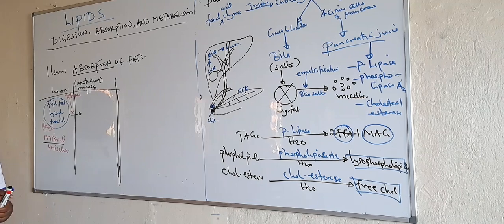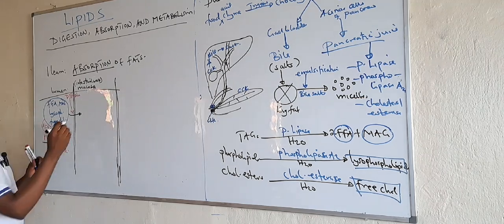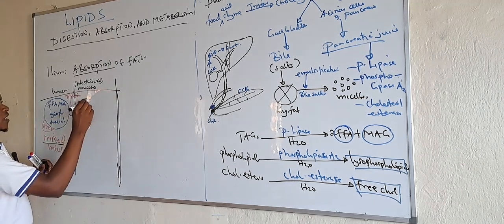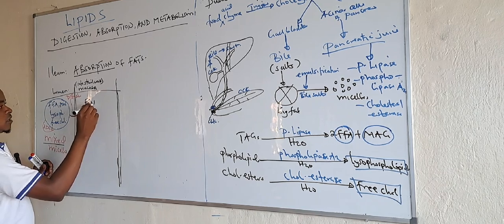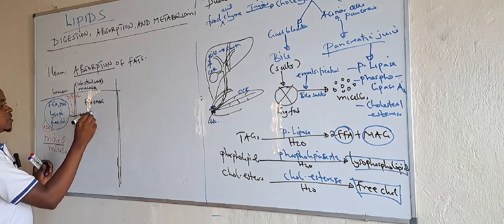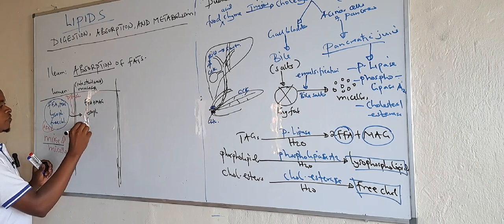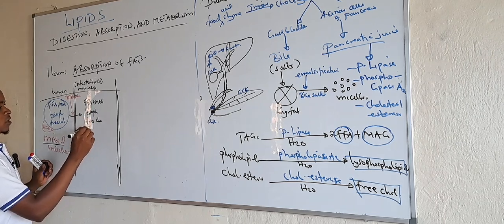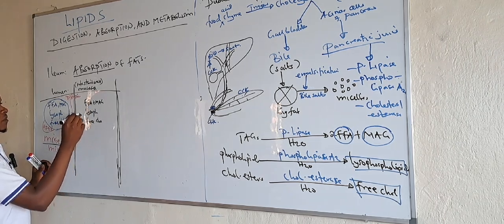So we shall find our products, the free fatty acids, the monoacylglycerol, the lysophospholipid, the free cholesterol, together with their fat-soluble vitamins.